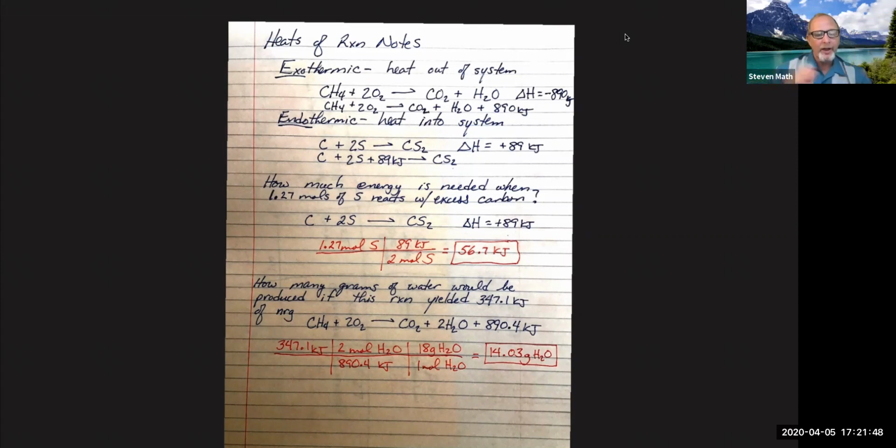Now, to do this, I've got a couple of examples, but I just want to go back to the underlying premise of exothermic and endothermic. Remember, these terms are always listed in respect to the system. So in an exothermic, heat is leaving the system. So the system is getting cooler.